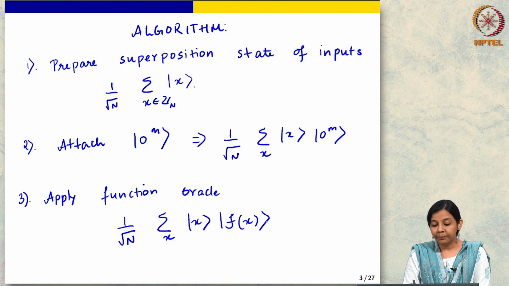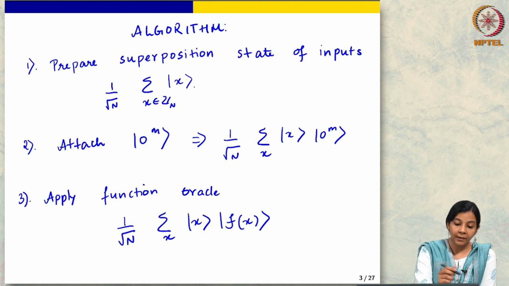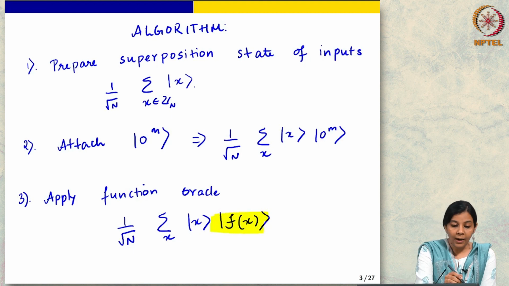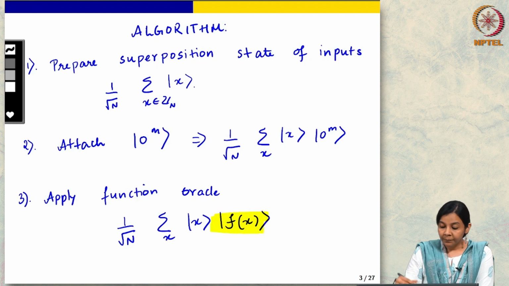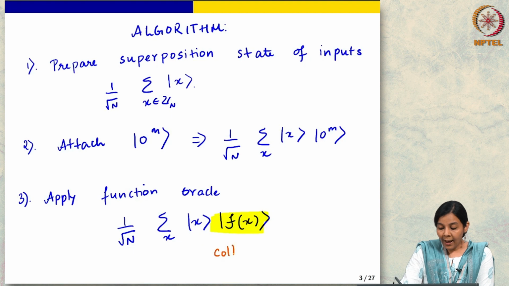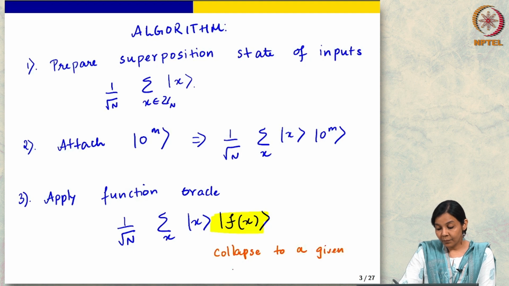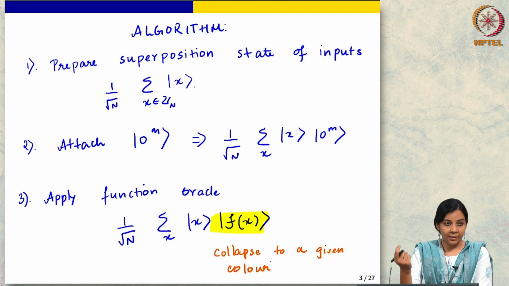So now, good. What we discussed yesterday is that at this junction, if I measure my second register, what happens? You collapse to a given color, right. So now you have measured f of x.